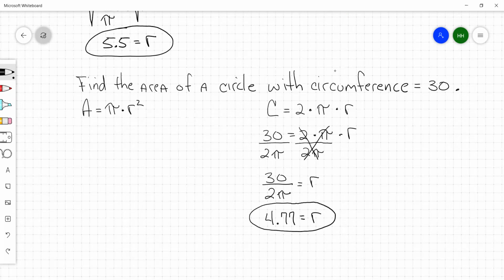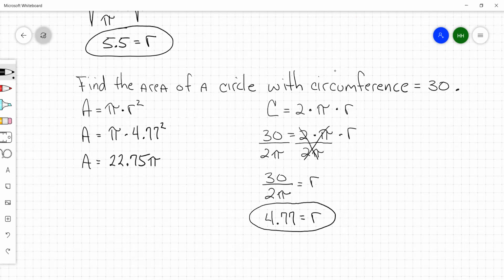Now, you're not done. That just got you the radius. The question was to find the area. So now we can go over here to this area formula, and the area is equal to pi times 4.77 squared. So our area is equal to 4.77 squared equals, that's 22.75 pi.